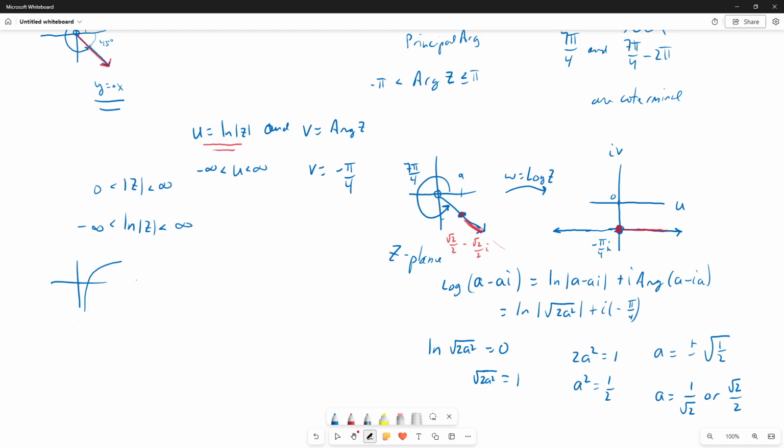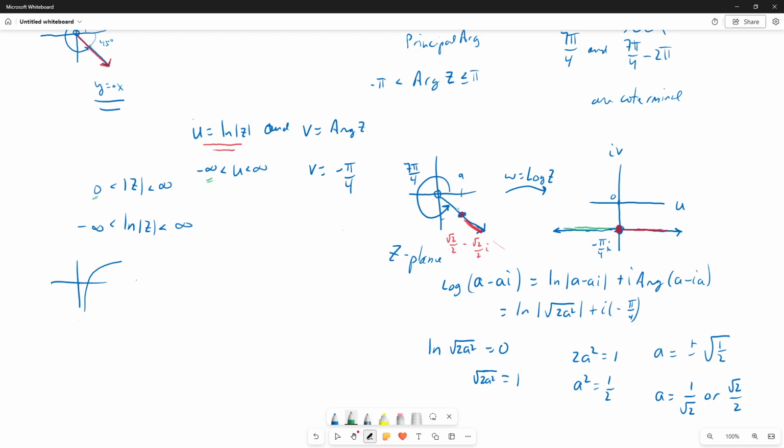So this part of the ray maps to this half of the line. Meanwhile, as z moves towards the origin, the modulus of z moves towards 0, and the log of z will move towards minus infinity. So u will move towards minus infinity, which is this way.